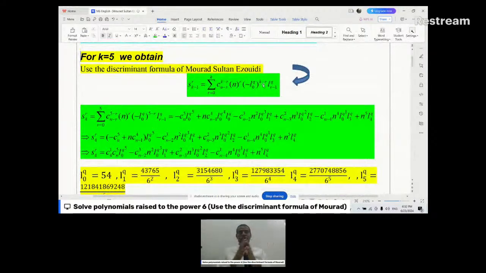So this formula will help you to find the value of S4 because we already found the values of S3, S2, S1, S0, and S minus 1.